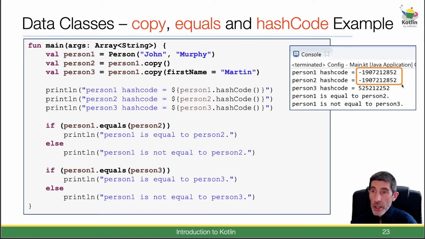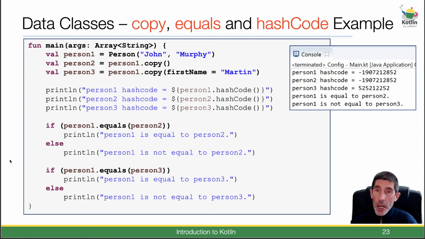The hash code is actually the same because the data is the same, John Murphy. So person1, even though it's a separate, unique object, has the same data, hence the same hash code. Whereas with the third one, person3, still a copy of the first one, we've changed the first name, so we get a different hash code.